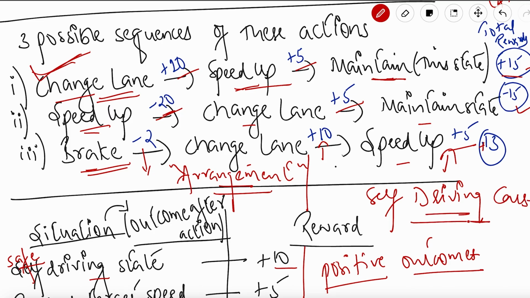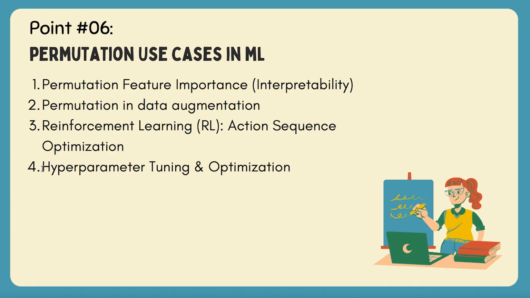Okay, let's check out one more example before we end this session, and that is hyperparameter tuning and optimization. First, let's understand the difference between parameters and hyperparameters. Parameters are something that are learned from the data, like for example, the slope, the gradient that we discussed earlier.